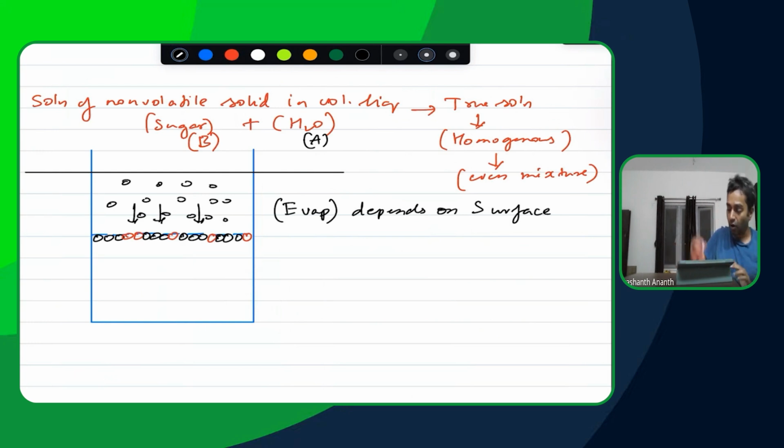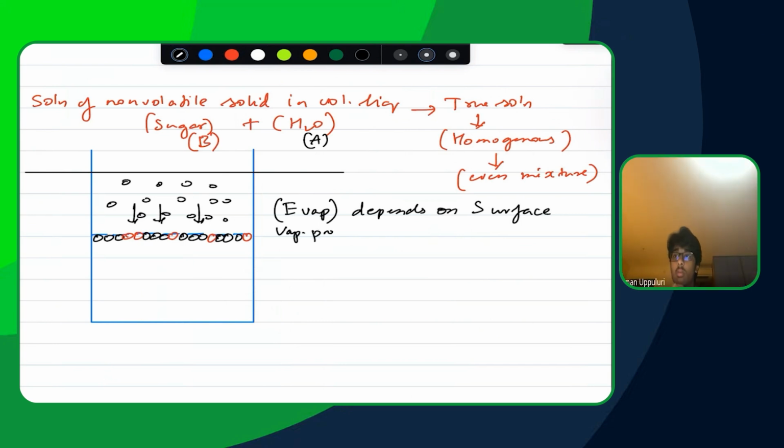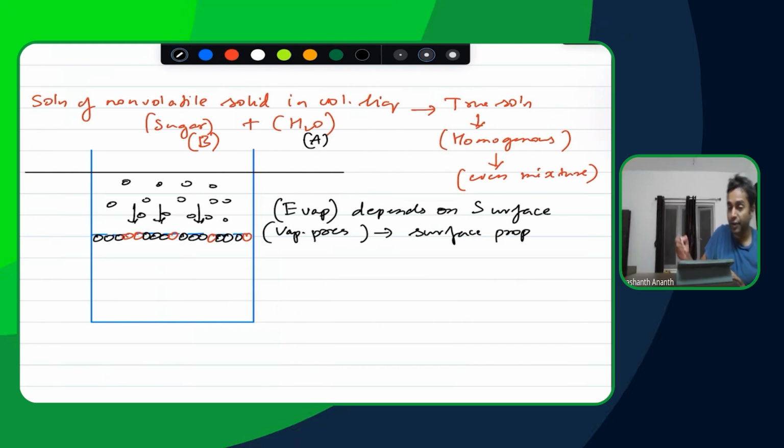Right? Why is vapor pressure a surface property? Because vapor pressure applies on the entire surface of the liquid solution, full surface. Whereas evaporation can only happen from the part where the liquid is present.